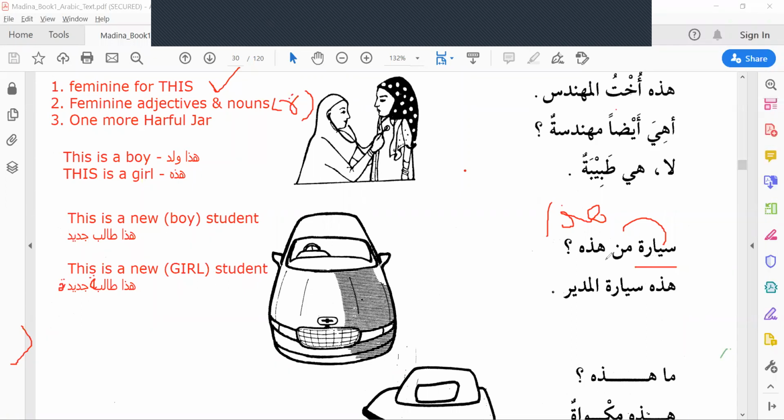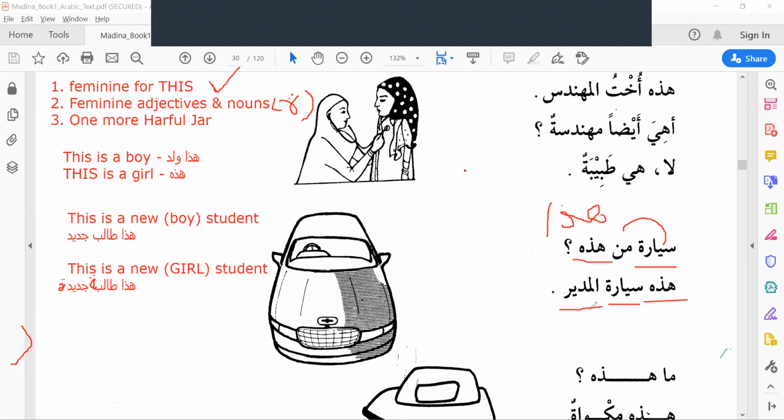For feminine, we have to use hadihi. Sayyaratu man hadihi. Hadihi sayyaratul mudiri. This is the principal's car.